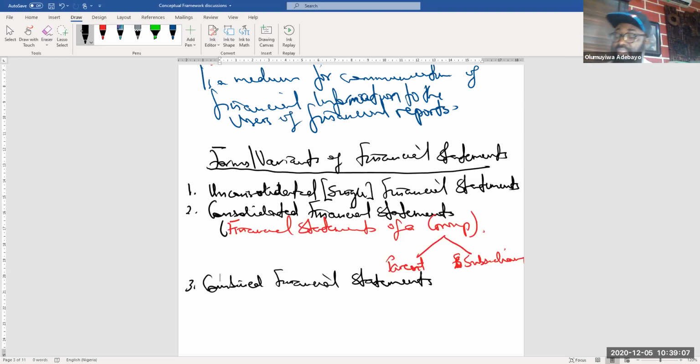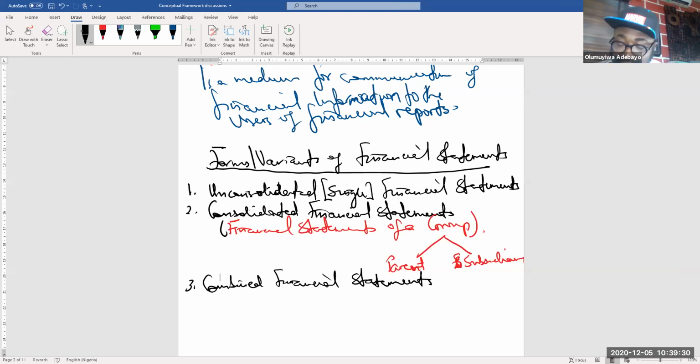Okay, which means 3 forms of financial statement is what you can come across. One is consolidated financial statement, which is for a single entity, another is consolidated financial statement, which is for a group, and combined financial statement, which is for the collection of businesses owned by an individual that wanted to see the picture as a whole.